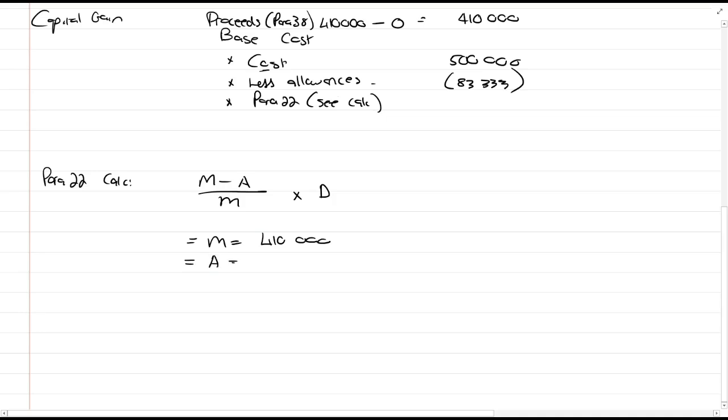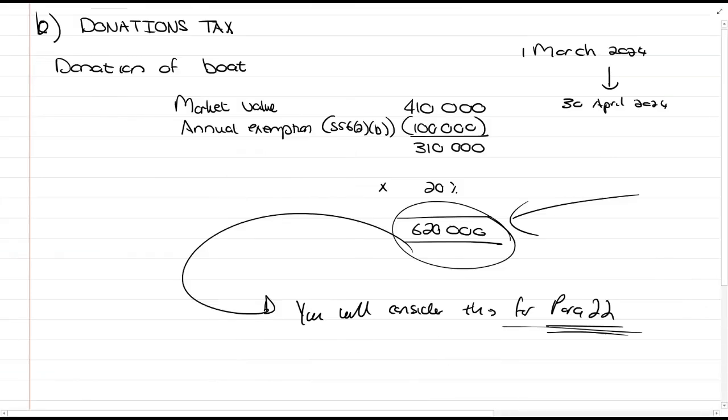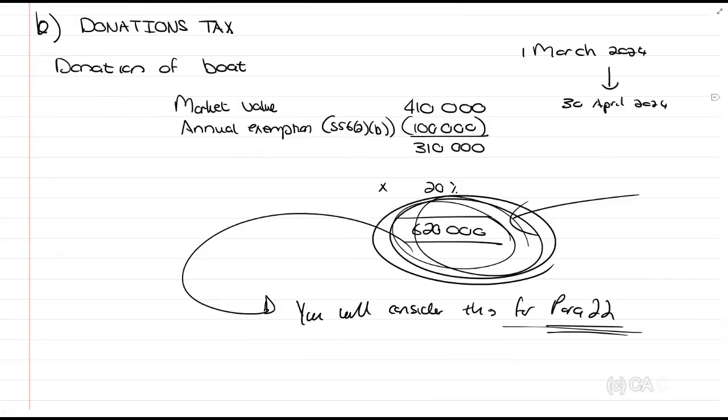A is everything else in base cost, so it's those two amounts, 500,000 minus 83,333. So basically what they're trying to tell you is the base cost. And then D, part B of the question, it was the previous question. We calculated the donations tax of 620,000.